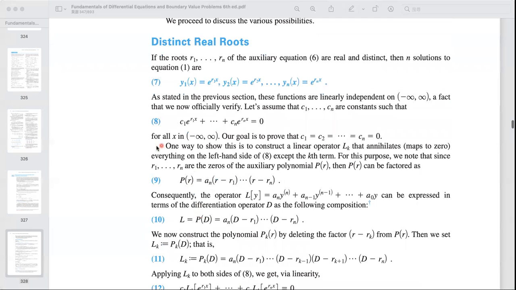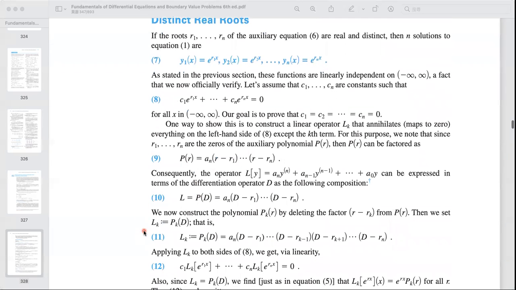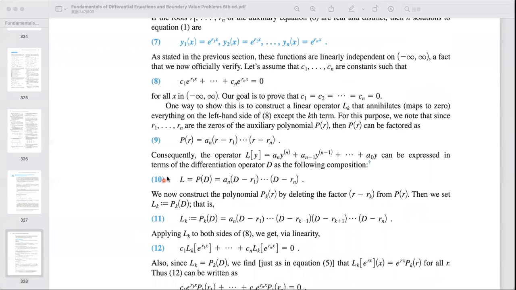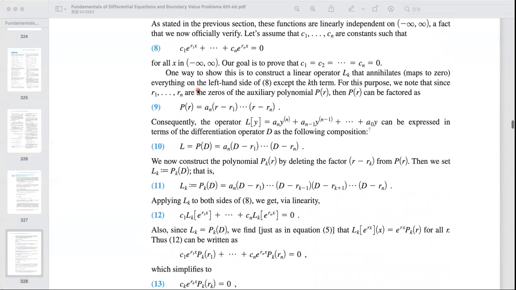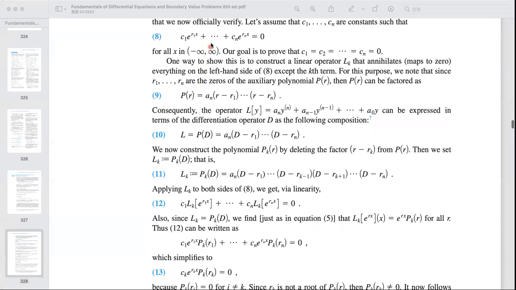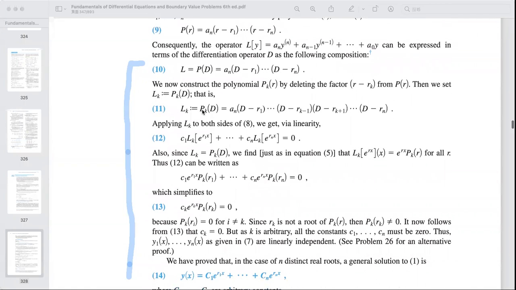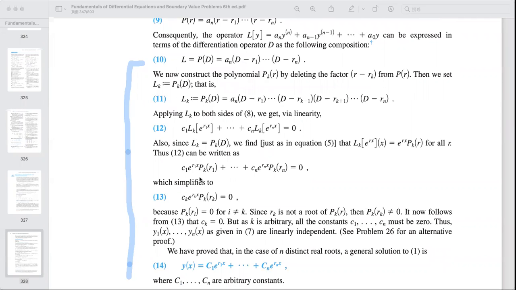I'm going to skip that, but I recommend all of you to read the proof, from here to here.